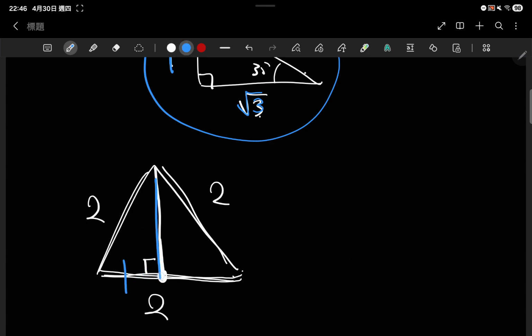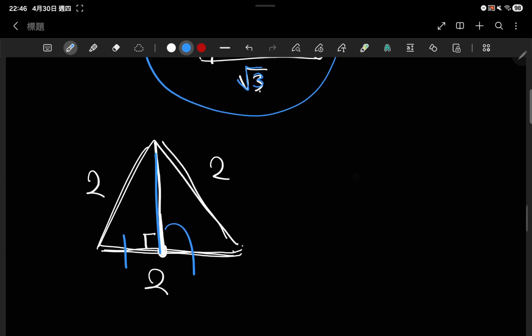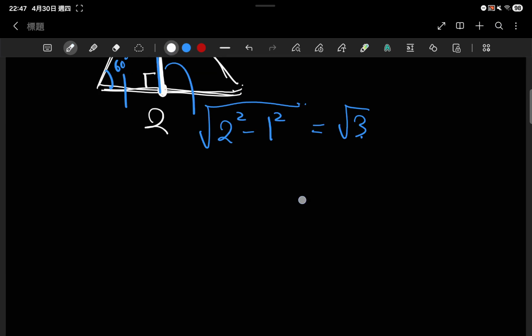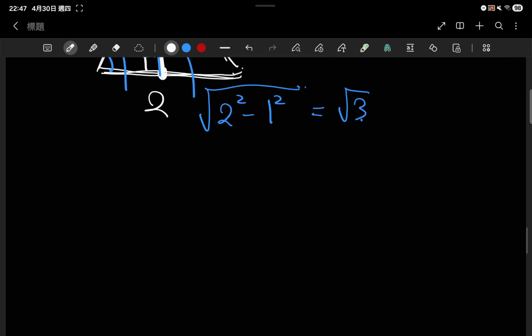What is this side? This side is 2 squared minus 1 squared, square root, so it's square root 3, right? So this is square root 3, and this is 60 degree, this is 30 degree. We prove it.